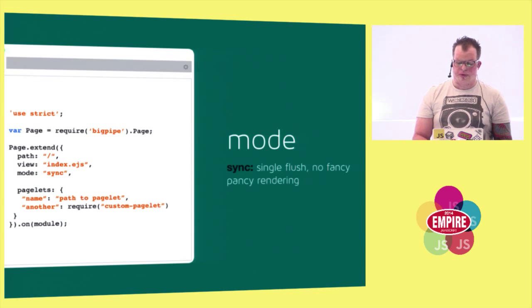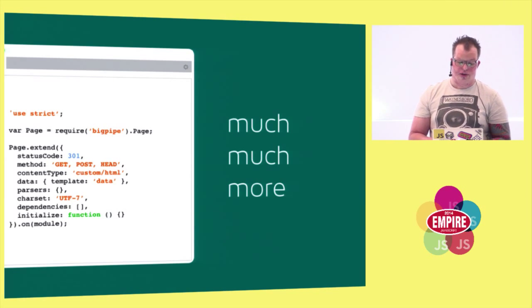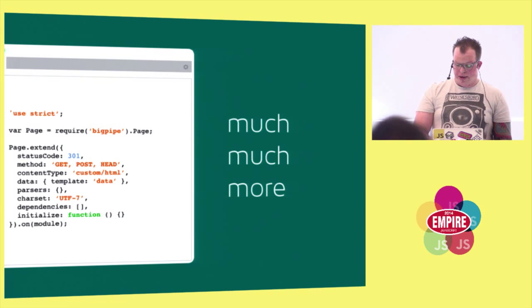So this is ideal for robots like Google, because everybody likes their CEO to be as high as possible. There's much more on a page that you can update, like status codes, methods that it accepts, content types, default template data, parameter parsers, dependencies, charsets, and stuff like that.